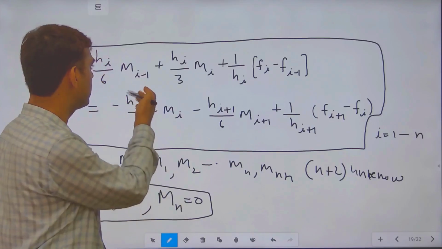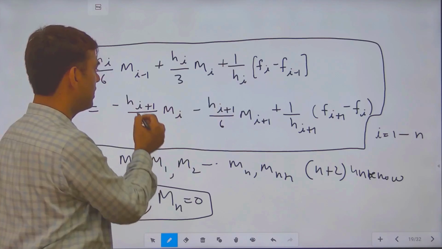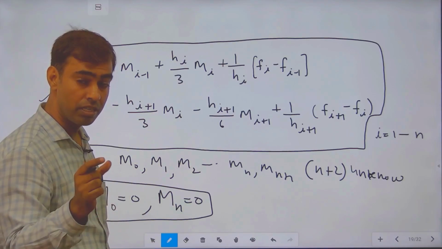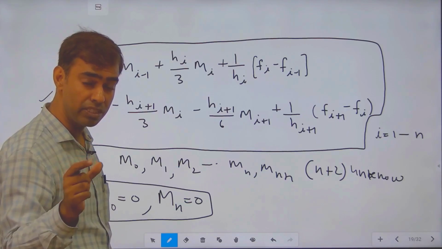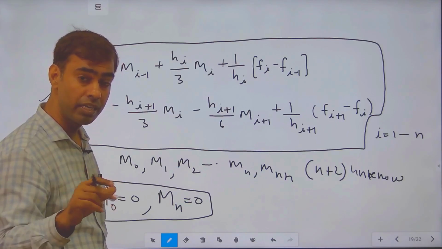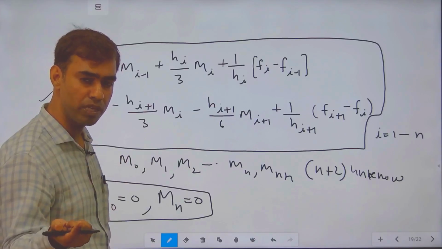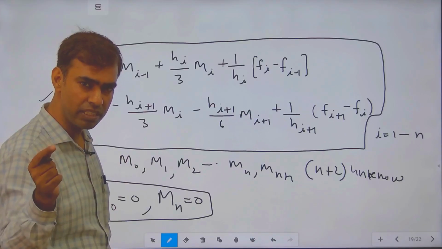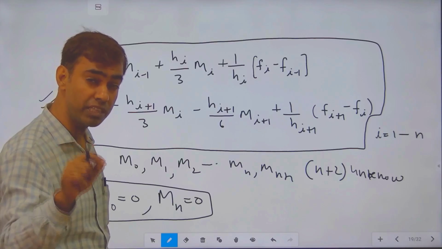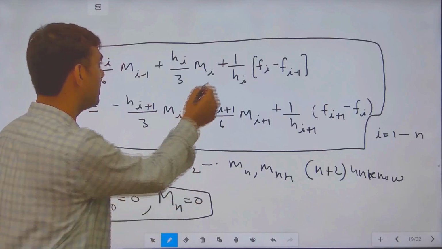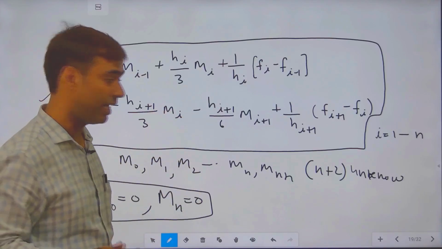That's why we write hi and hi plus 1, meaning each class interval has a different difference. But if hi equal to hi plus 1, there is an equal class interval, and hi and hi plus 1 become h.